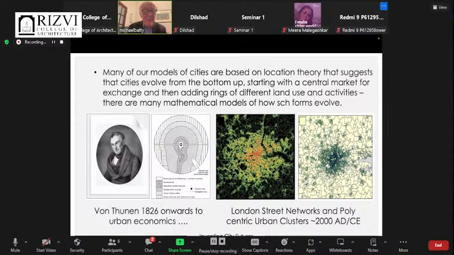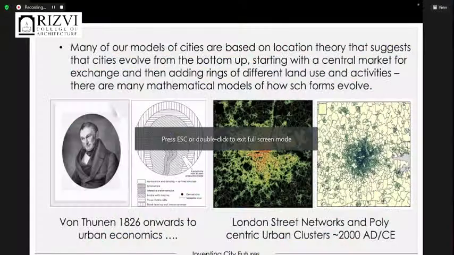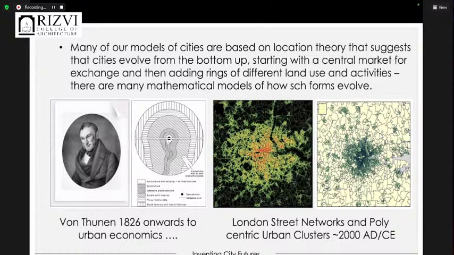And indeed, if you go back 200 years or so, the gentleman on the left, for example, is Johann von Thunen. Von Thunen was a German farmer who produced a theory of cities which still is very resonant with how we think of cities today.